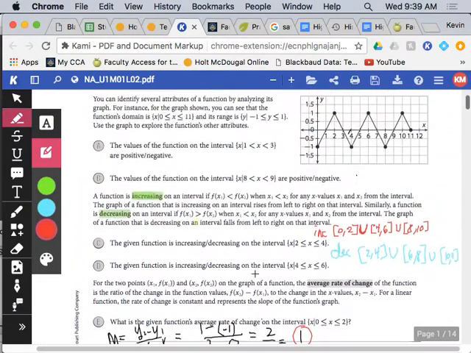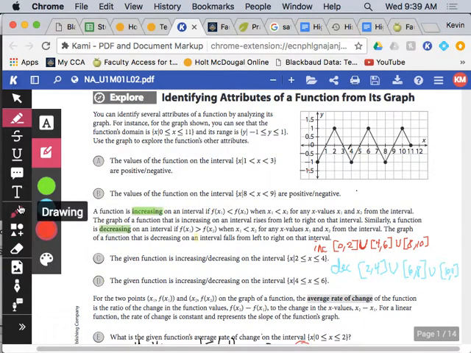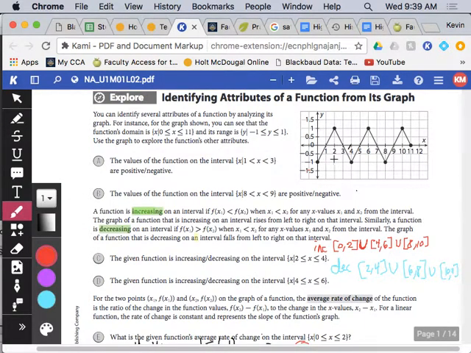If I look here, a maximum value goes from increasing to decreasing. Here's increasing, then decreasing, so there's a maximum value. Increasing, decreasing, there's a maximum value. Increasing, decreasing, there's a maximum value. You see? Does this make sense?